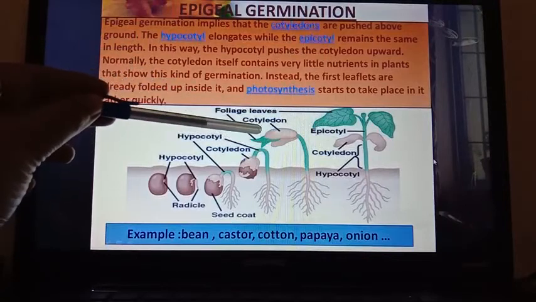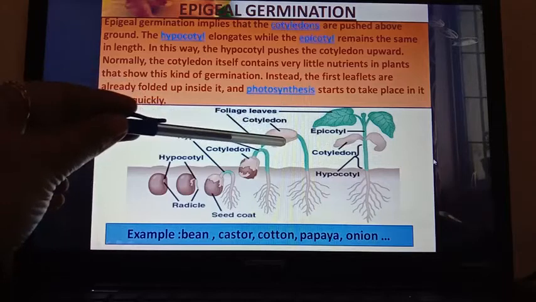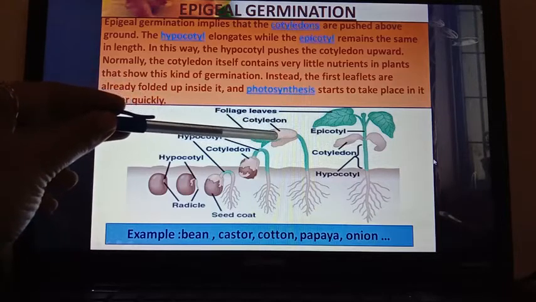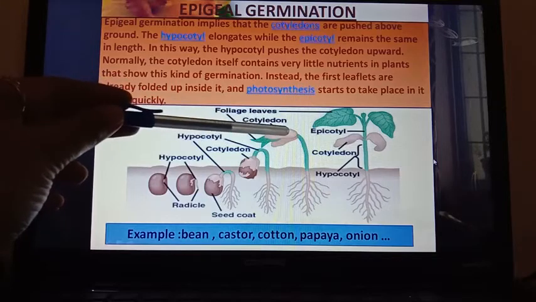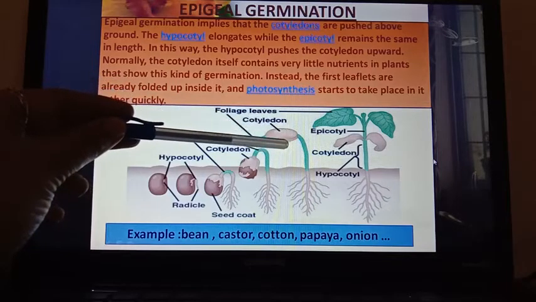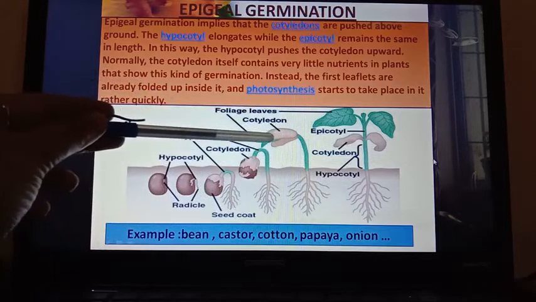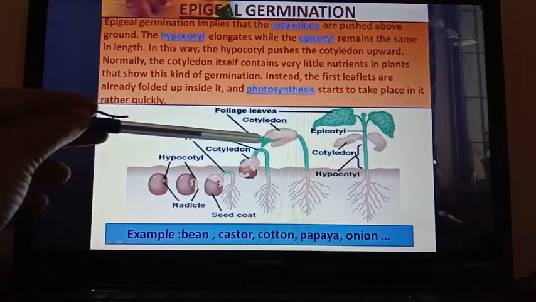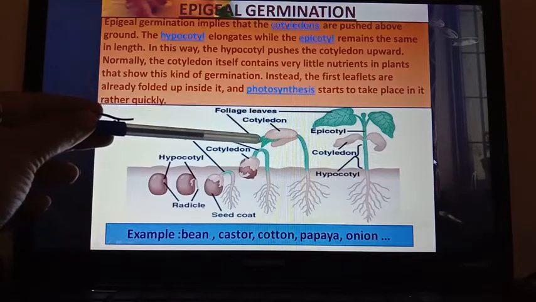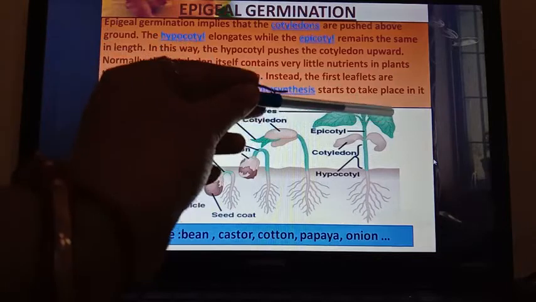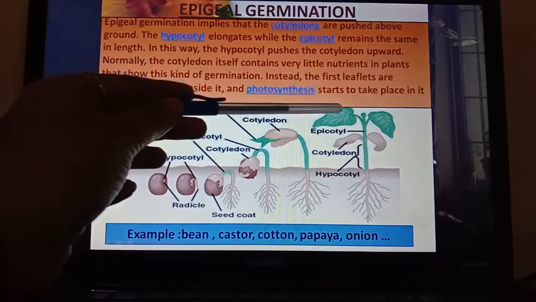When the cotyledon is coming out from the soil, you know that cotyledon is the storage of the nutrients, but it doesn't contain that much nutrient for the whole germination or for the whole plant. So from inside the cotyledon, the first foliage green leaves are coming out, and it starts doing photosynthesis.